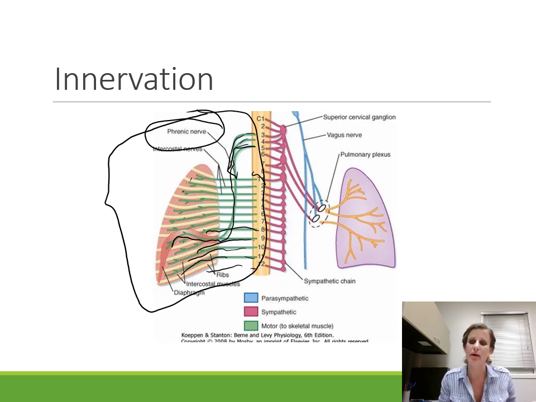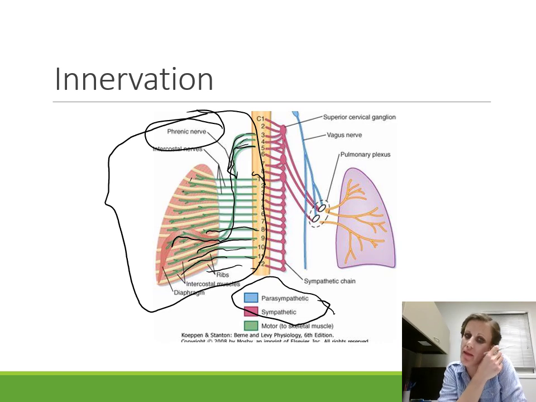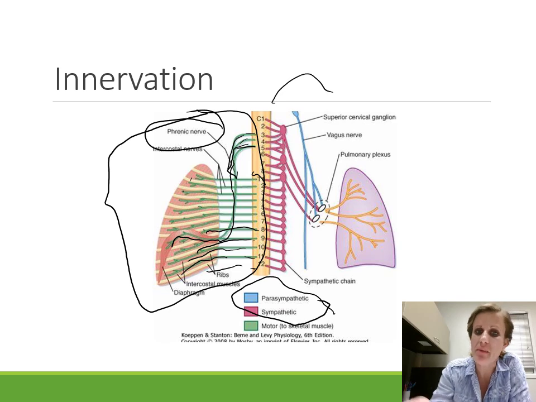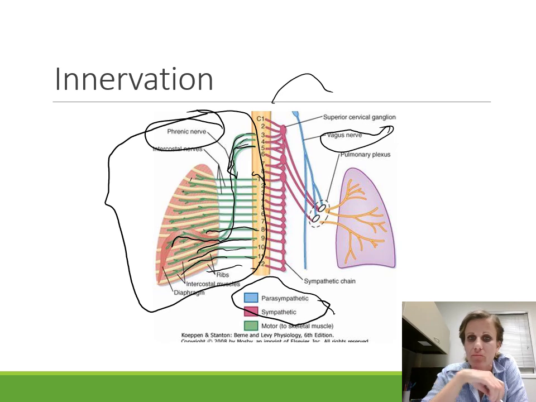What we were just talking about with the pleural cavity and the pleura and the lungs was the autonomic nervous system. So the autonomic nervous system, remember, is the sympathetic nervous system and the parasympathetic nervous system. And that's what you see over here on this side. The parasympathetic nervous system, again, remember, is coming from cranial nerve 10, the vagus nerve. And we see the presynaptic neuron cell bodies are going to be up in the central nervous system.